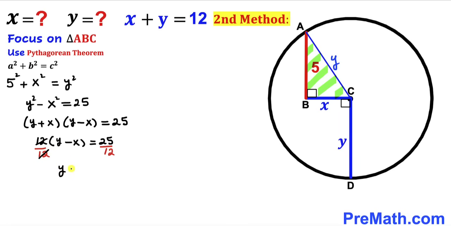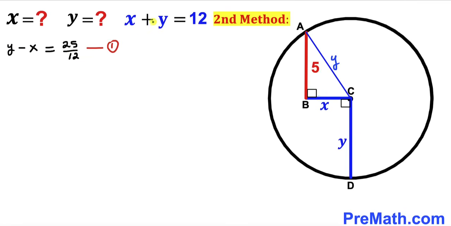So therefore y minus x value turns out to be 25 divided by 12. And I'm going to label this one our equation number 1. And furthermore, our x plus y value is 12. So therefore I can write this one as y plus x equals to 12. And I'm going to label this one as our equation number 2.